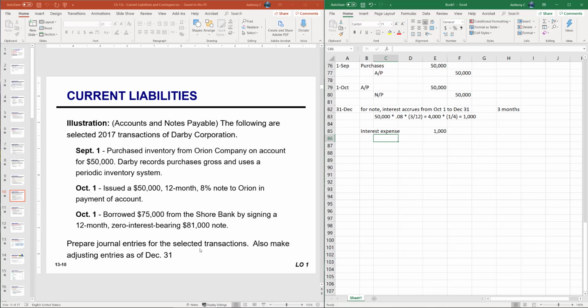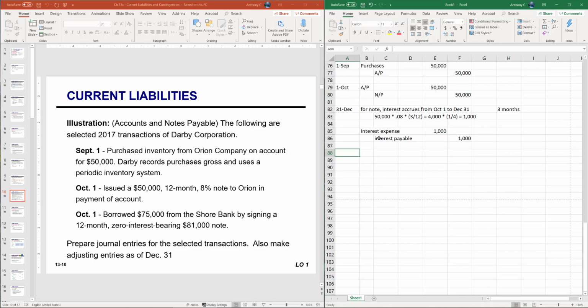In this problem, we're not told when the interest payments are made, so we'll just assume they're not paid quarterly, and we'll credit interest payable. In other words, we can't credit cash because we're not actually told that we're paying cash on this date. So that's our adjusting entry for the second transaction.